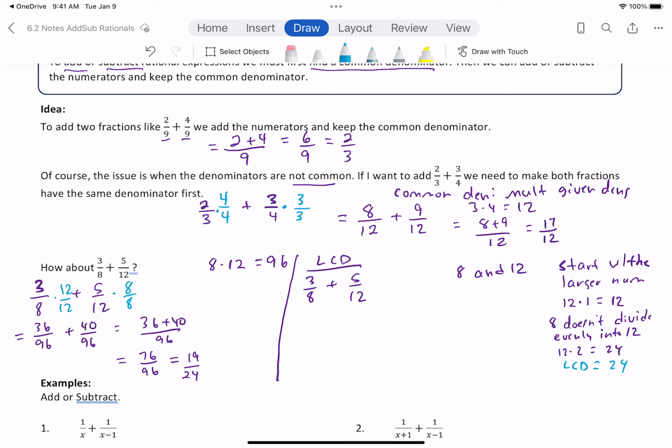So if I come back to my original problem, if I have a denominator of 8, I would need to multiply by 3 to get 24. So we're going to do 3 over 3. And if my denominator is 12, I'll need to multiply by 2 on the top and bottom.